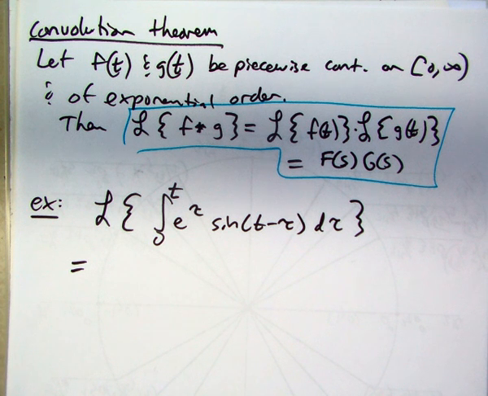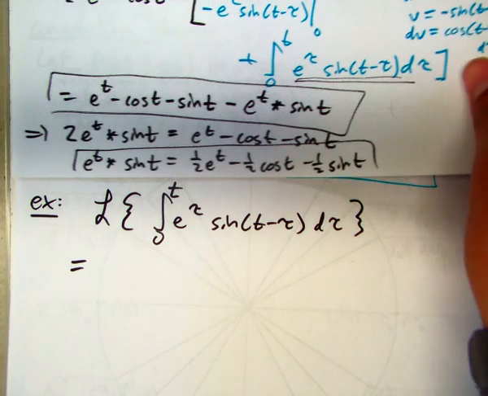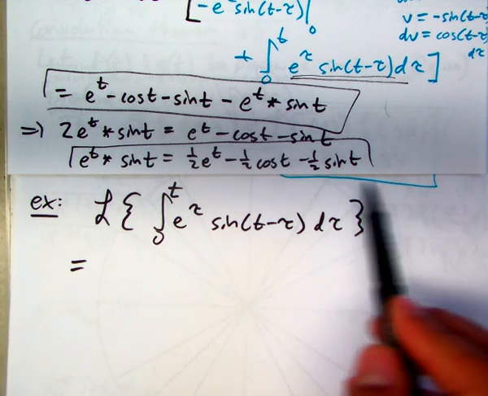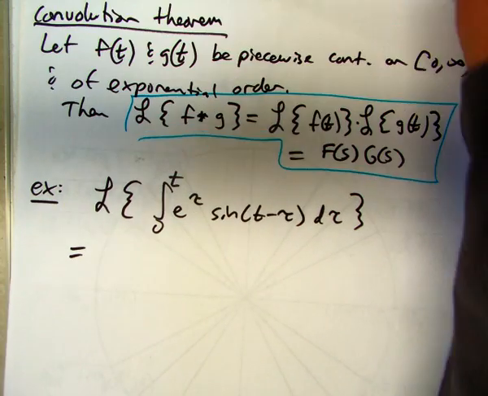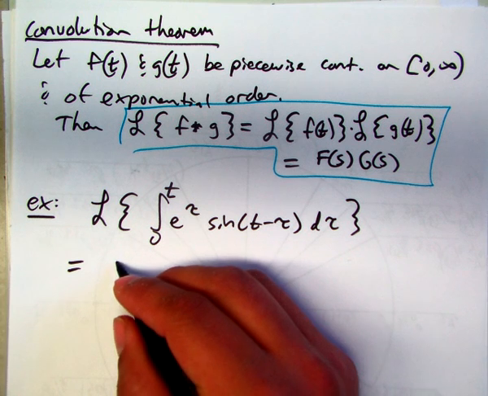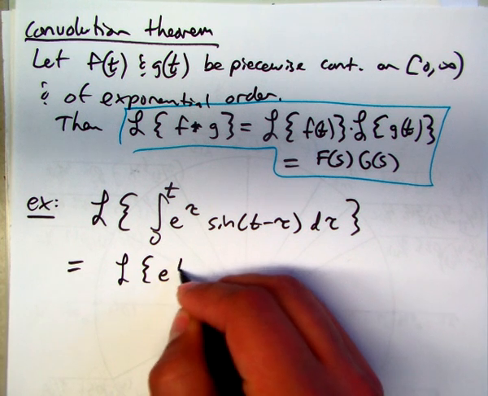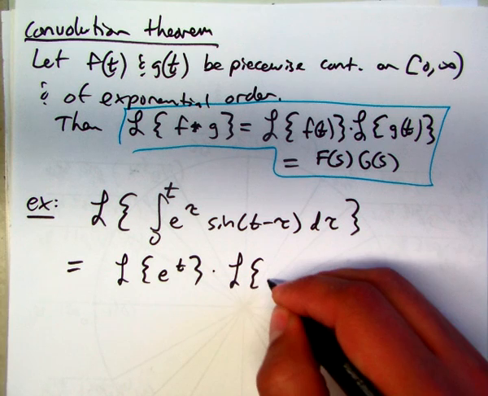If you recognize what two functions they are, then you can just take the Laplace transform of each of those two functions. So of course one option would be to do the definition and then do the transform of each one of these and then go there. Or if you recognize that you're convoluting e to the t with sine of t, then this is the same as the Laplace transform of e to the t times the Laplace transform of sine of t.